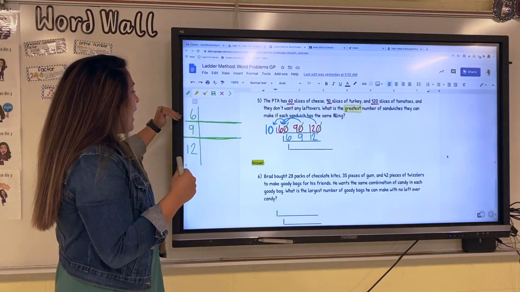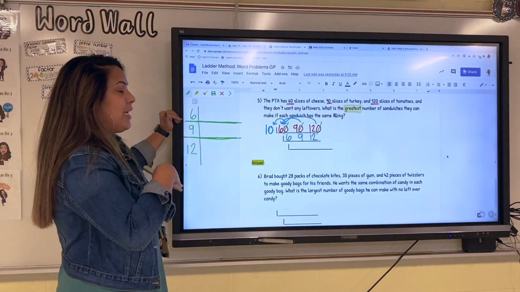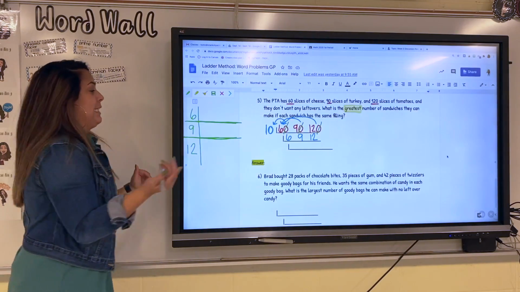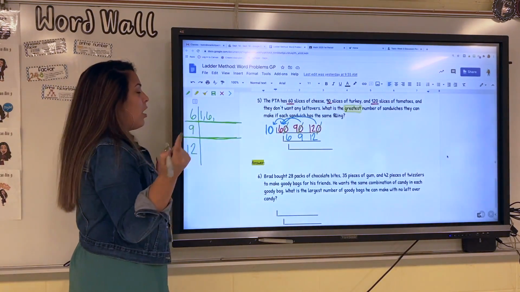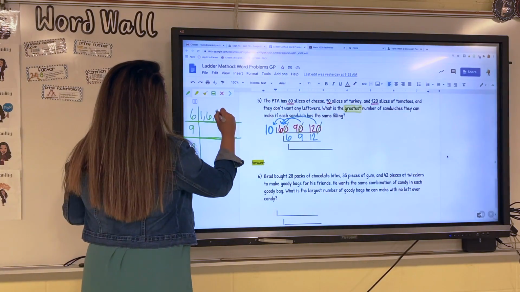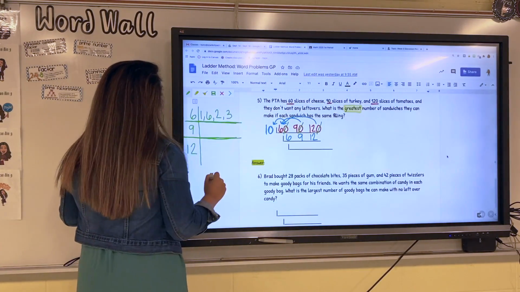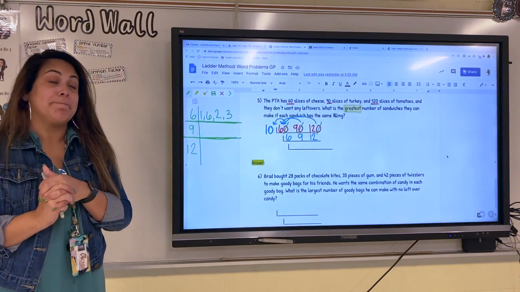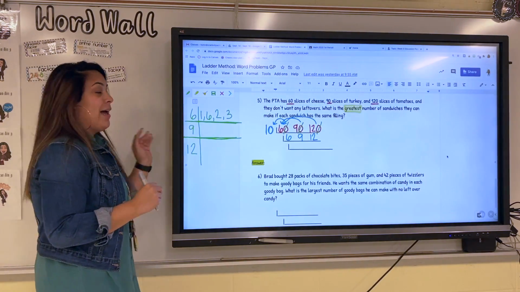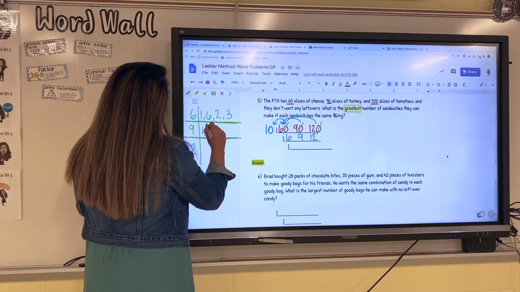I know that the easiest thing I can multiply together to give me 6 is 1 and 6. Also, 2 and 3. And those are all the factors of 6. Now I'm going to do 9. 1 and 9.